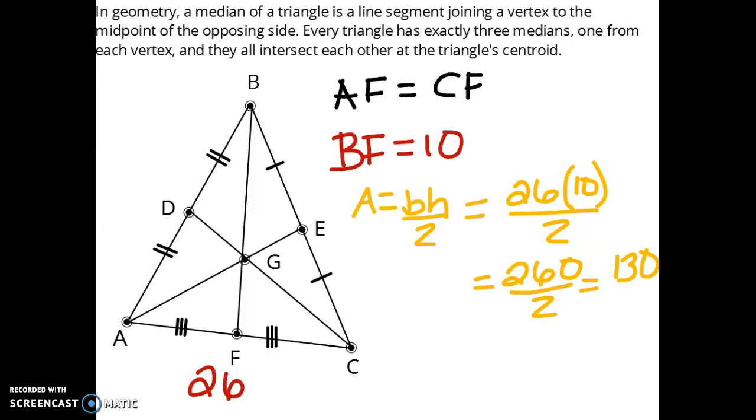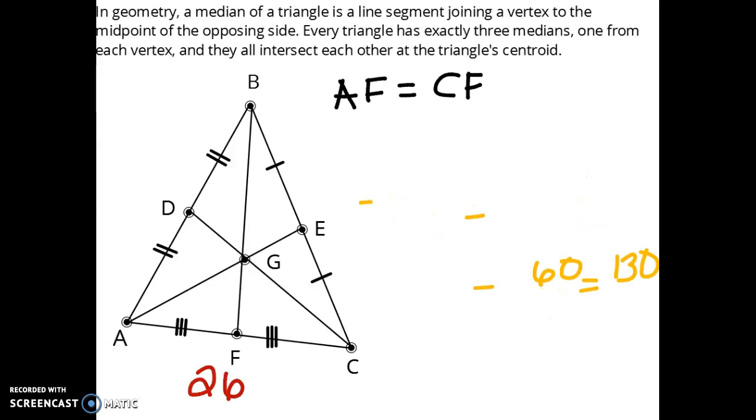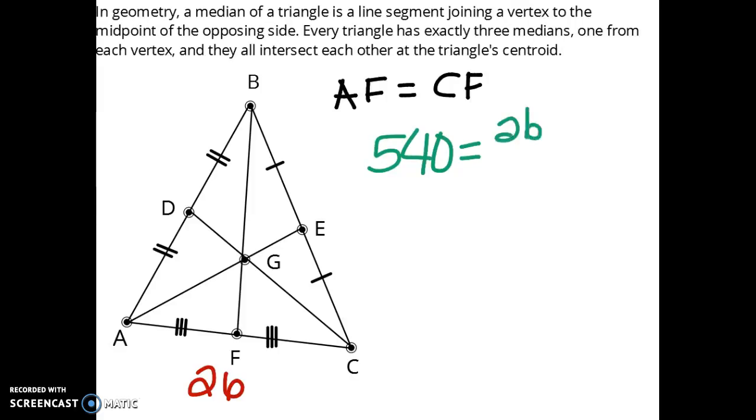Likewise, if I didn't know the height of this triangle, because the median in this case happens to be the height of the triangle, and I just knew the base, but I did know that the area of the triangle is 540, I knew that the base is 26.